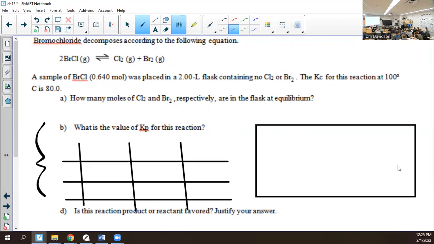This one's tricky. Well, I better tell you now before you screw up. What's different about this than all the rest of them so far?